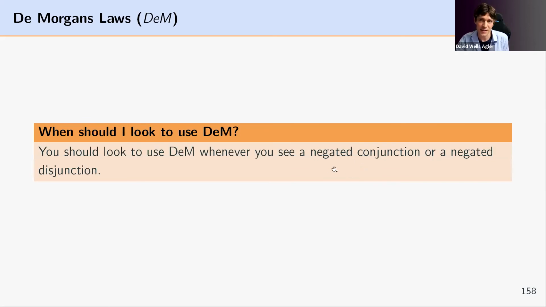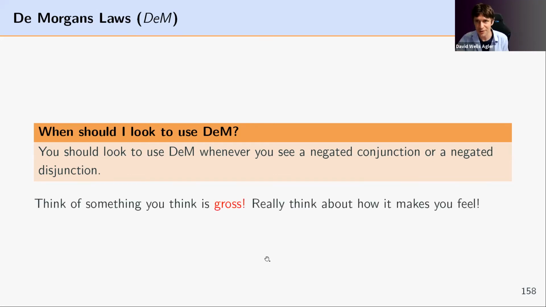Again, I want to emphasize that you should always think about using DeMorgan's laws whenever you see a negated conjunction or a negated disjunction. It greatly simplifies things, and it should be, I think, your default move whenever you see one of those two formulas. It's helpful to have some kind of trigger, some type of heuristic for remembering that, because it is so important.